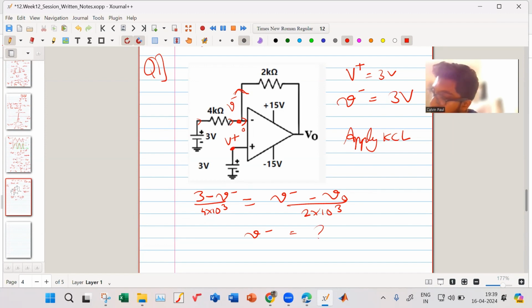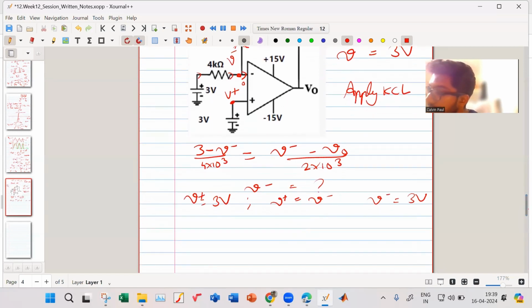Because we already have V plus equal to 3 volt, and V plus should be equal to V minus by the virtual ground concept. That means my V minus should be equal to 3 volt, right? So if my V minus is 3 volt, this will be (3 minus 3) upon 4 into 10 to the power 3 is equal to (3 minus V output) upon 2 into 10 to the power 3.